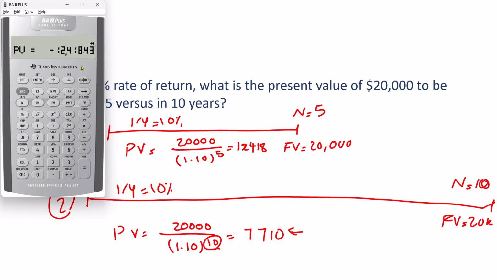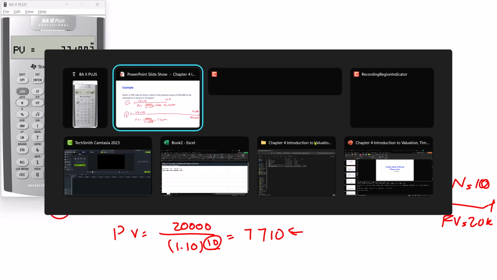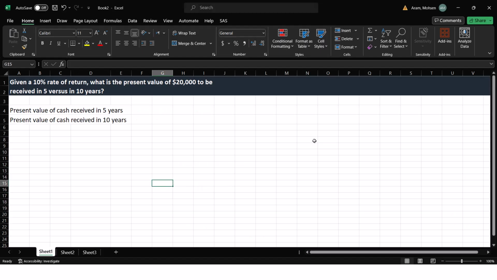The present value is 12,418.43. Then we change our N to 10 and compute the present value again. So we have 7,710.